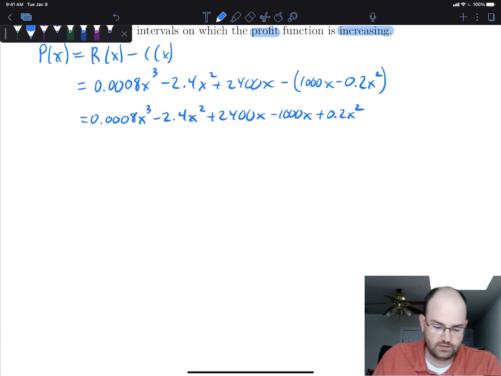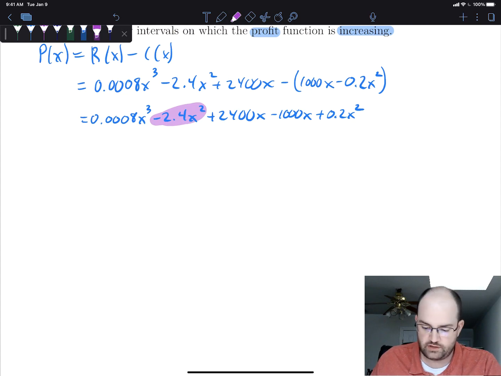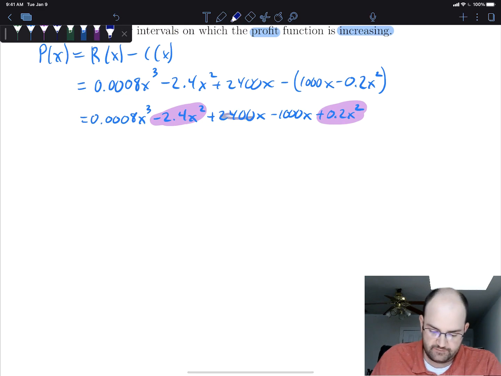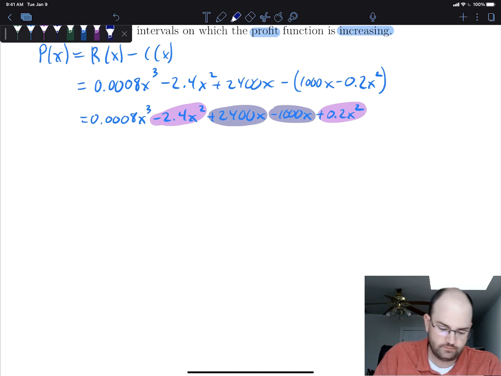Awesome. And then we want to combine like terms. Notice that the negative 2.4x squared and the positive 0.2x squared combine. And then the 2,400x and the negative 1,000x will combine as well.